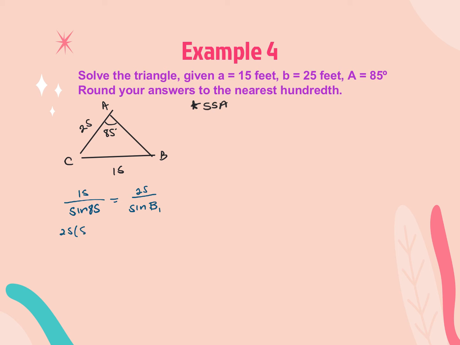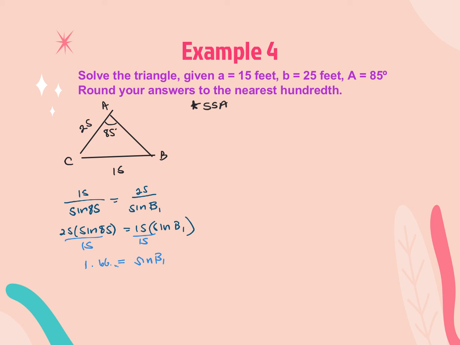Cross multiply and divide. 25 sine 85 divided by 15, and I get the sine of B1 equals 1.66 and so on.